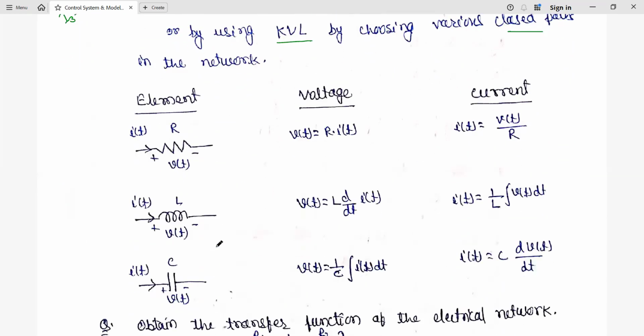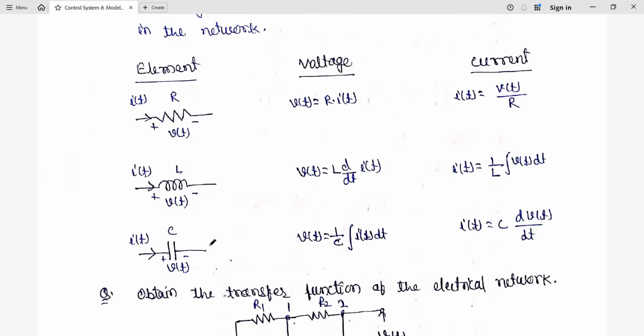Now, for the various basic components, the expressions for voltage and current are given here. In case of resistance, voltage is given as I into R, where the current is time varying. Similarly, current is V upon R, but current and voltage both are time varying here.